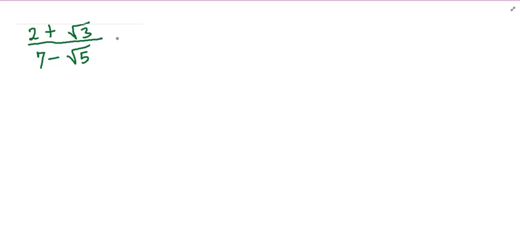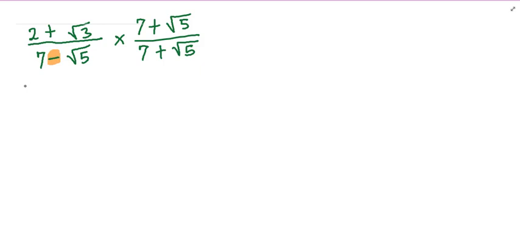Conjugating and rationalizing, we'll multiply by the denominator, but we'll change the sign on top. So it becomes 7 plus root 5 all over 7 plus root 5. I just change the sign and use the same number to multiply through.